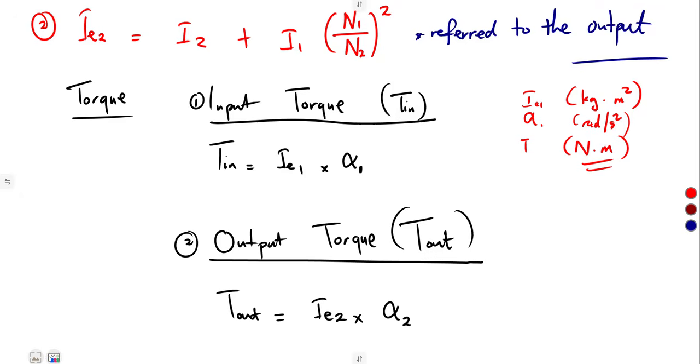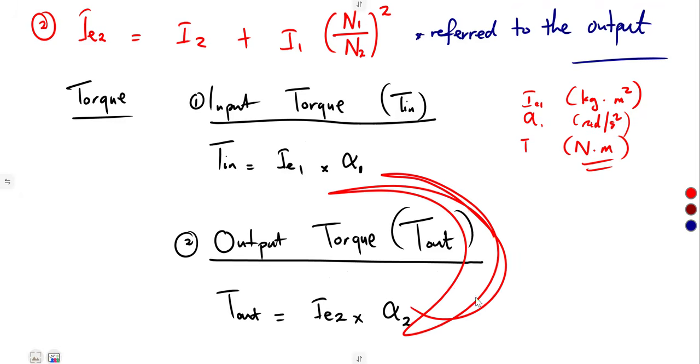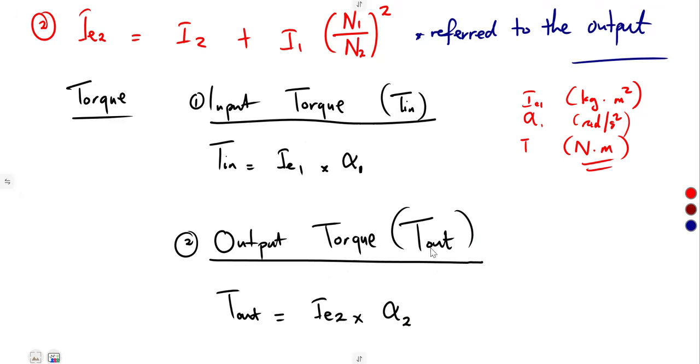So in most cases, you will calculate this. They will give you one of these, whether you're given alpha 1, angular acceleration 1, or you're given this one for the output. They won't give us both of these two. It is either you are given one, because they want you to calculate the other one by yourself.